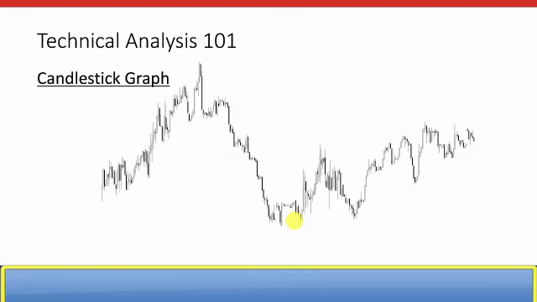But what we are going to use is the so-called candlestick graph, and in the next slide we will get into candlesticks. Candlesticks are a more advanced and more detailed way of looking at price action. It shows essentially the same as line graphs but with more details, and we will get into that later.